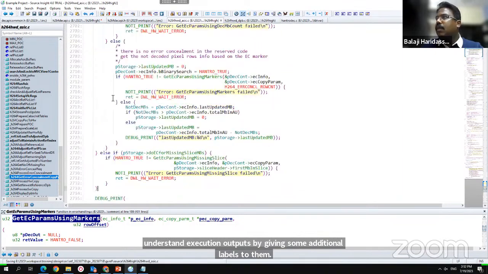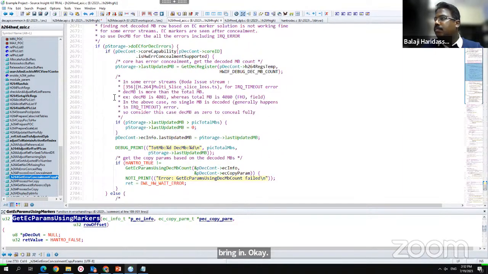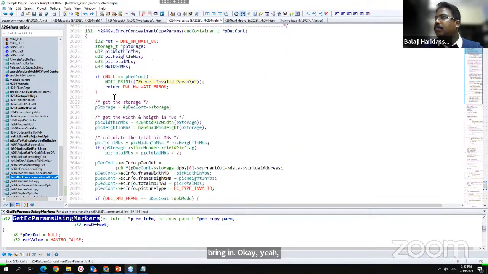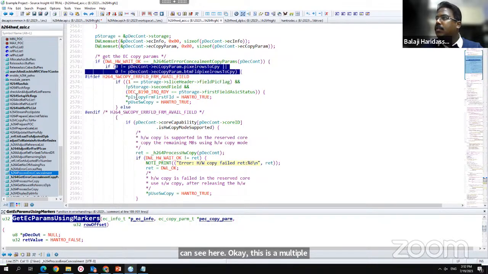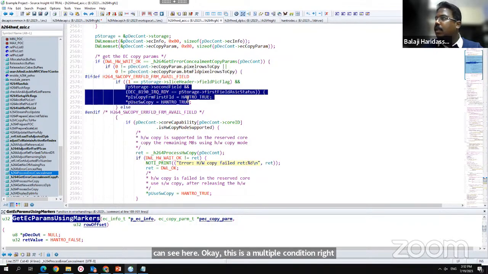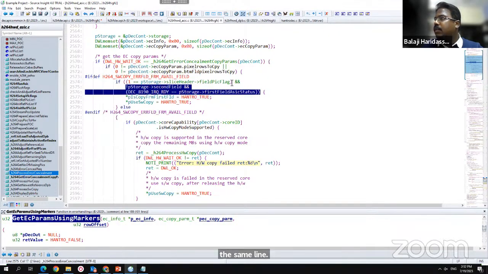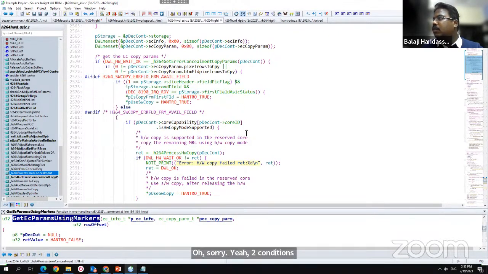I'm trying to see some multiple conditions. Yeah, you can see here. This is a multiple condition, right? You can see all the multiple conditions are brought into the same line. Two conditions here, and this here, I don't even prefer this.